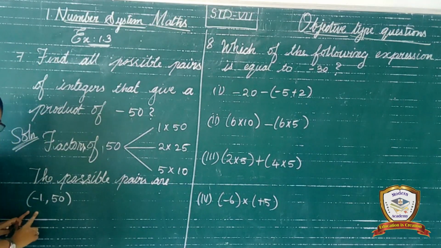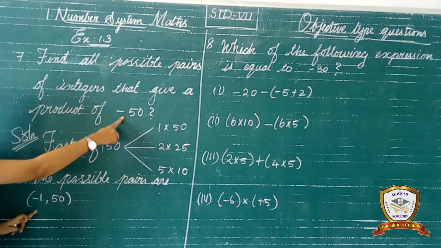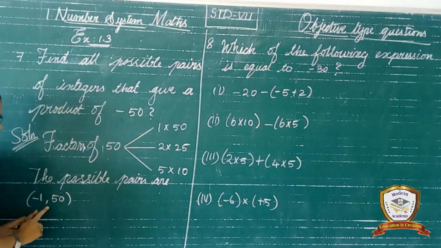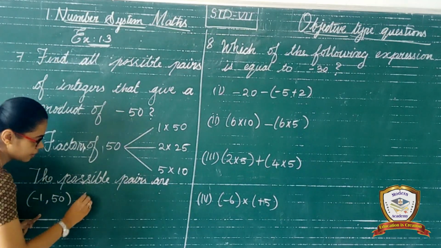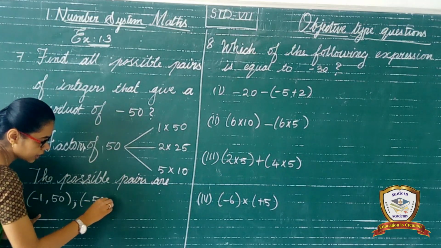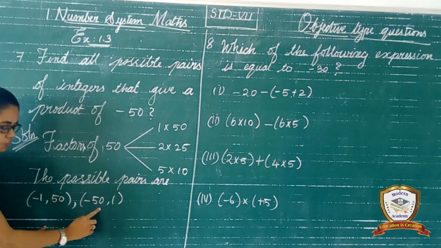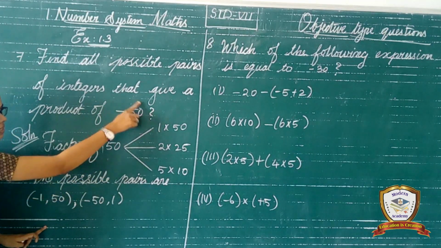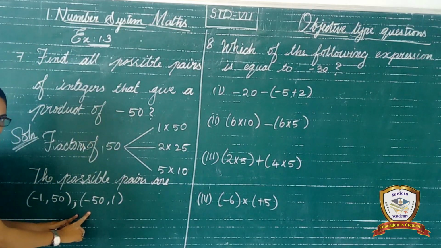So these are the pairs. Right? So minus 1 into 50, the product answer will come minus 50. So this is the first pair. And we have to take another, minus 50, comma 1. So this is also a pair. The product minus 50 into 1, so the answer is minus 50. Right? So this is another pair.